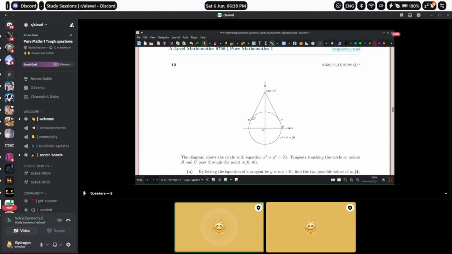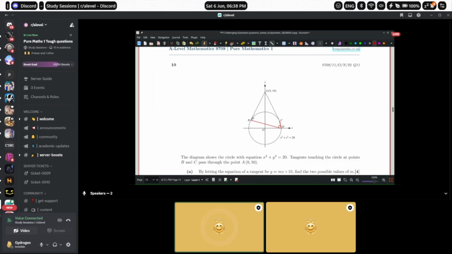So they asked for the angle BDC, this angle. But we know that angles in the same segment are equal, so this will be the same as any other angle here. So these two angles are the same. Also we know that the angle at the center is double the angle at the circumference.